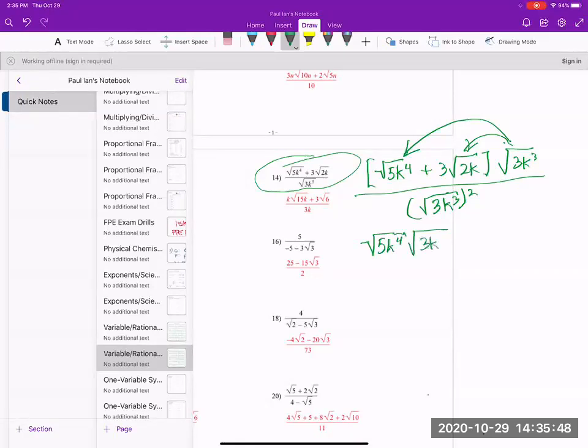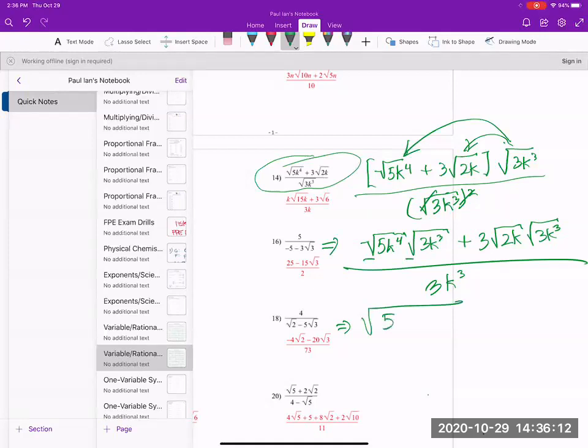So 3k cubed and plus 3 root 2k root 3k cubed. Then this just cancels out the radical. So it's 3k cubed. All right. So these radicals, you can put them in the same, right?